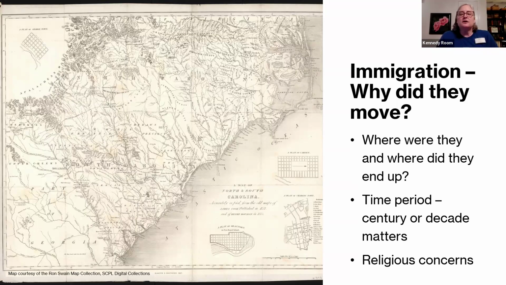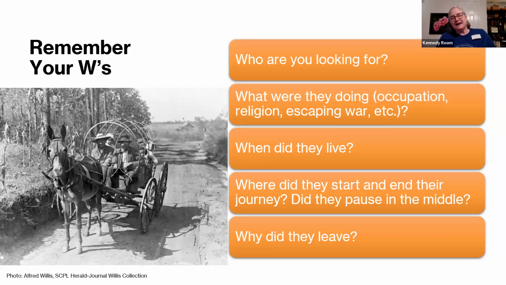So, when you're looking at immigration, and honestly, when you're looking at your ancestors generally, you need to remember your W's. Who are you looking for? Be specific. What were they doing? What was their occupation? What was their religion? Were they escaping war?